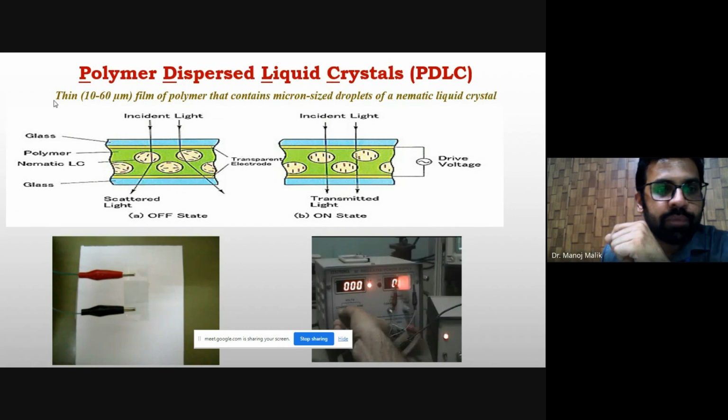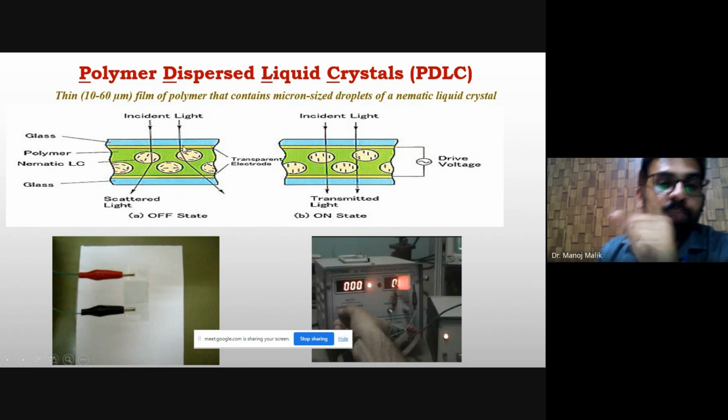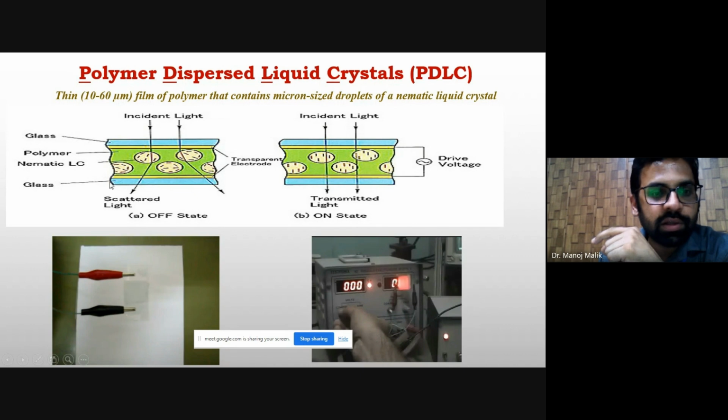For that, we use ITO, indium tin oxide coated glass plates as electrodes on both the sides of the composite material. So this way, this glass is not a normal glass; it is a transparent electrode. Okay, so this is ITO coated glass plates through which we apply the electric field, and then we observe the modulation of light after applying some electric field.